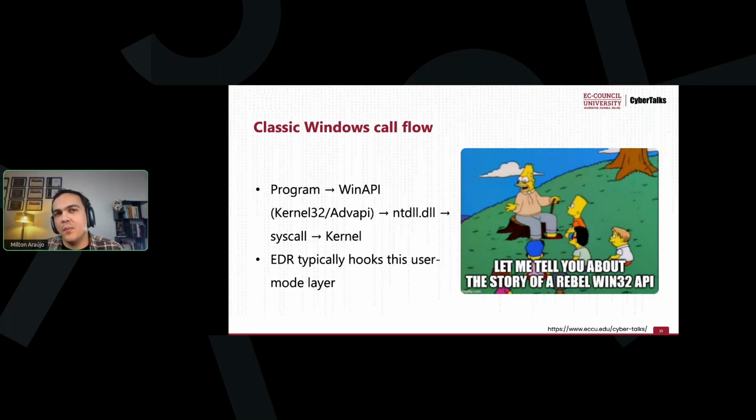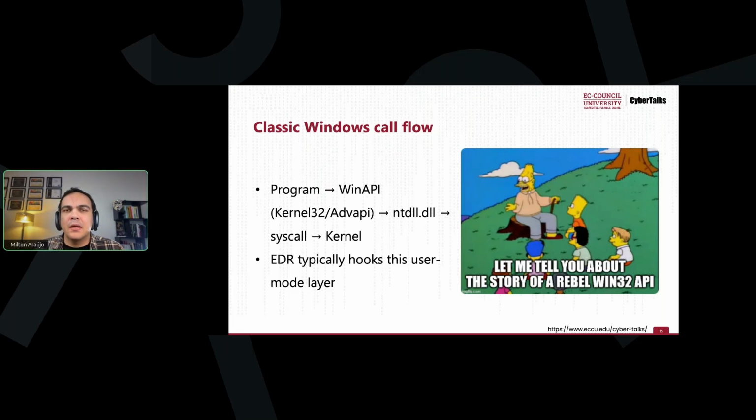They hook API functions and sometimes patch NTDLL to inspect arguments, get telemetry, or even block calls. So if you are trying to bypass user mode hooks, where in this chain do you try to cut? That is the question syscalls try to answer. That's really interesting.